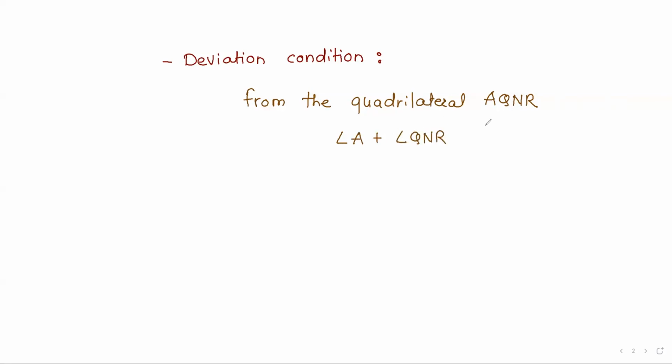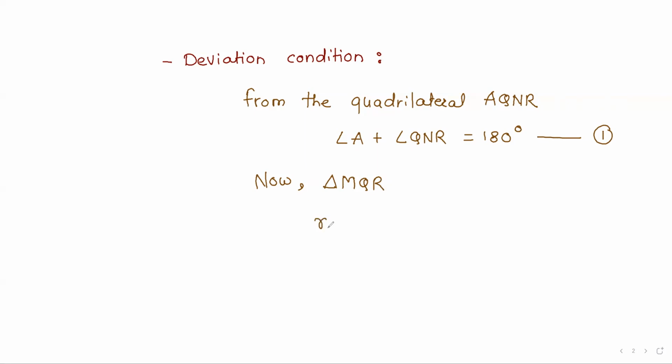The addition of these two angles is nothing but 180 degrees. We will consider this as equation number 1. Now we will consider the triangle MQR. The addition of all angles in the triangle is 180 degrees. That also we know.